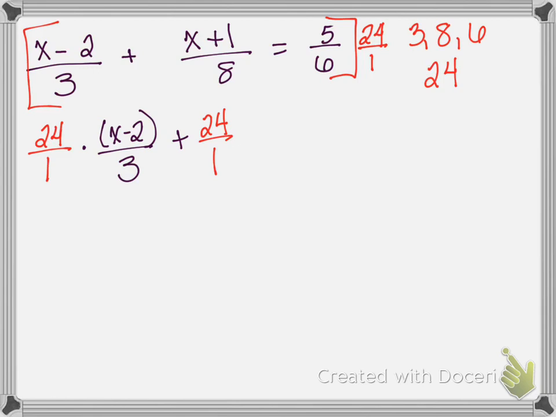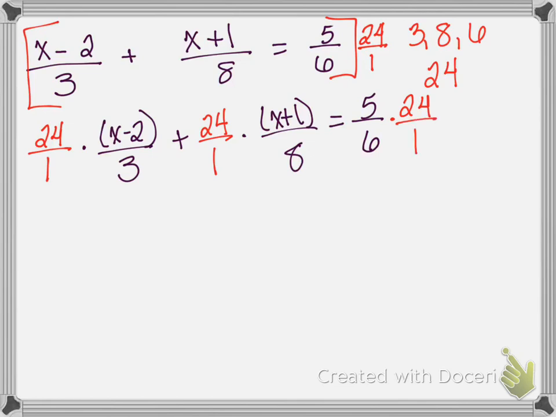That means you've got to keep everything in the top together. So that x minus 2 binomial stays together. Okay, so in my next one, my x plus 1 binomial stays together. And binomial is just a fancy word for that grouping, x plus 1. Then I've got my 5 over 6, and I am multiplying that by 24 over 1.